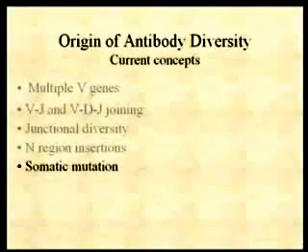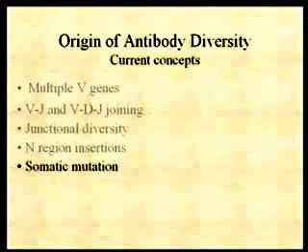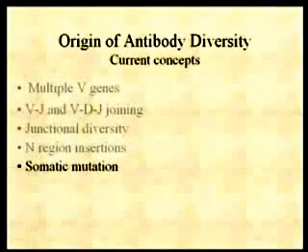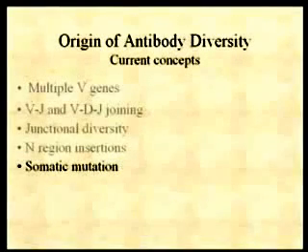Okay. Next, somatic mutation. It is clear now that B cells do, in fact, have a somatic mutation mechanism, and they can introduce mutations in the immunoglobulin genes. Because all the variability that we've been talking about so far, by VDJ recombination, junctional diversity, or end region insertions, explains how you get variability in the third hypervariable region.